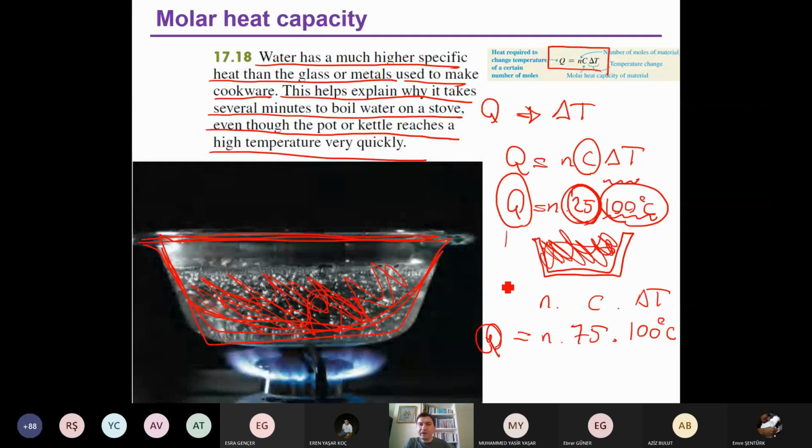So you need more heat. For this reason, it takes several minutes to boil water on a stove, even though the pot or kettle reaches a high temperature very quickly. So you can produce this huge temperature change in aluminum or glass, okay? But in water, it requires more heat.